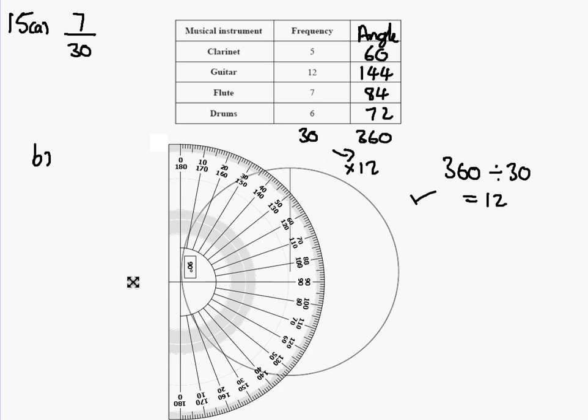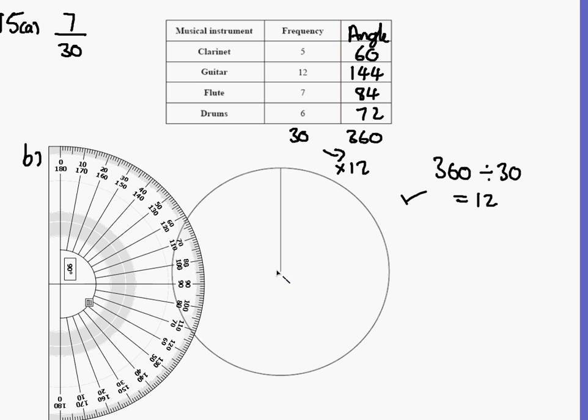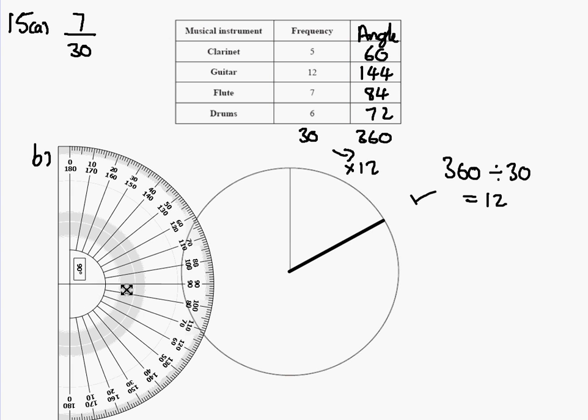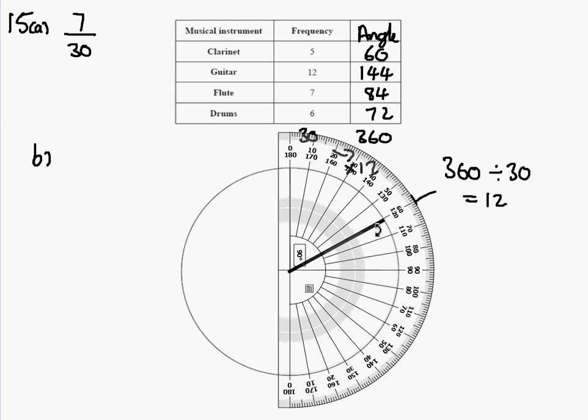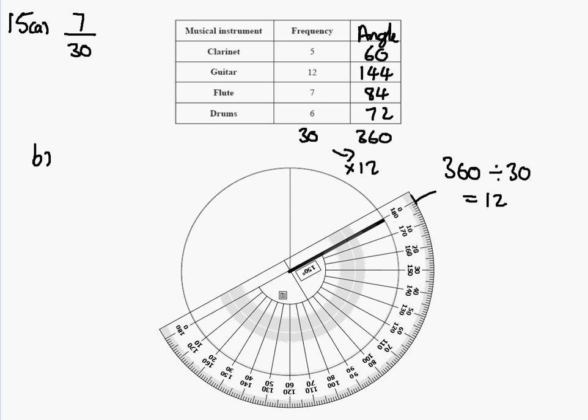I then move my protractor for a second and draw a line going from here all the way across through my point there. We'll then bring the protractor back, spin it and line it up with the line. We then put a dash going round 144. So it's the top one, so we'll get to 90, 100, 110, 120, 130, 140, 144 then will come in there.